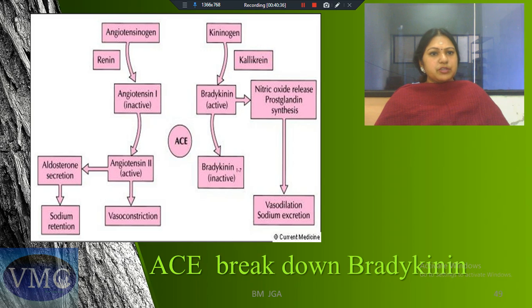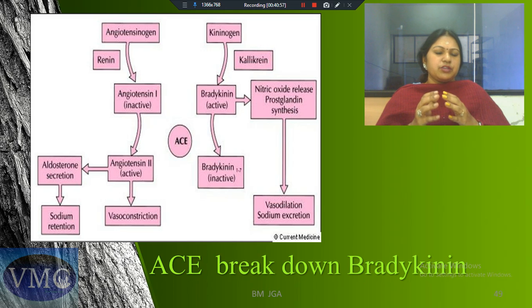One more piece of information about ACE, because when you go into the pharmacology of the antihypertensives, you have to remember their side effects. One of the side effects is due to increased levels of bradykinin. Why is the bradykinin more?